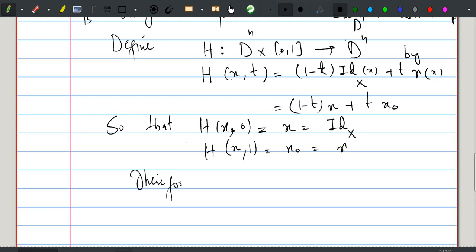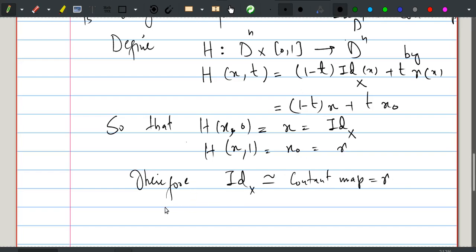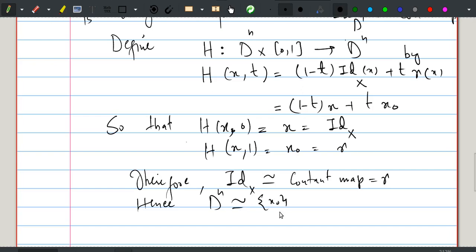Therefore the identity of x is homotopic to R, which is a constant map. Therefore, hence our space Dn will be contractible to this point x0.